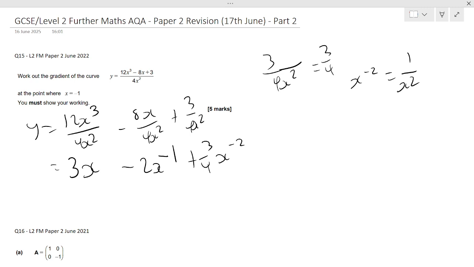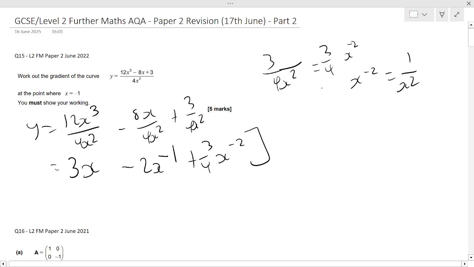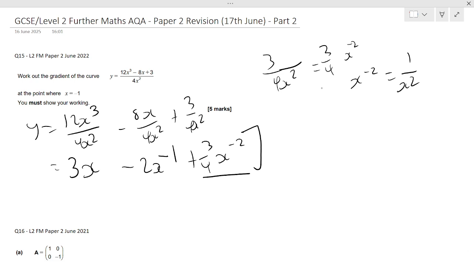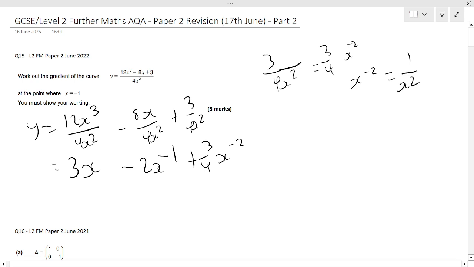I think that's probably the tricky part of this question, converting to this. Hopefully you can wrap your head around that, and realise how we got from here to here.